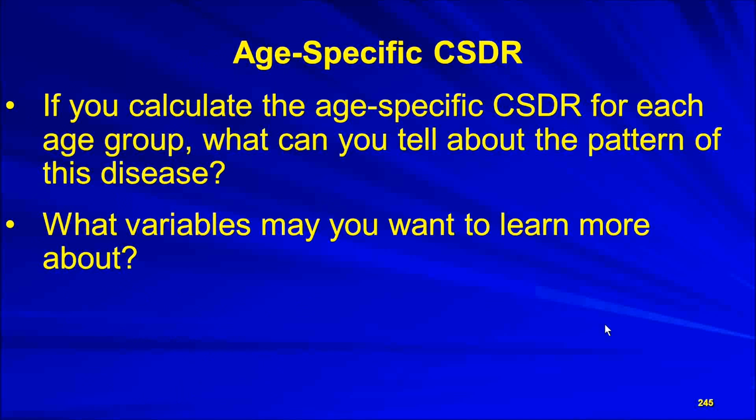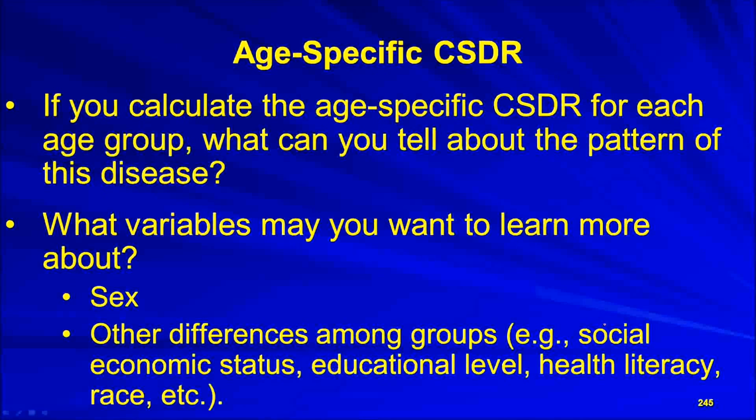Okay, now an age-specific calculation tells us about the pattern of the disease and what variables you may want to learn more about. In the last case, we used age, but there are other variables that we could concentrate on, and I mentioned sex, and there are other differences among groups that you might want to look at to further understand leukemia and its priority.